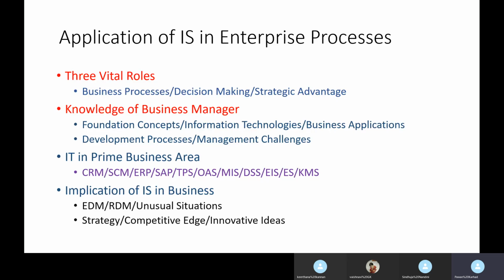For decision making, you will use decision support system and executive information system. And for strategic advantages, you will use expert system and knowledge management system. From this you must have understood the importance of the software we have discussed, and from that you must derive this question: what are the vital roles of information systems in business enterprises?